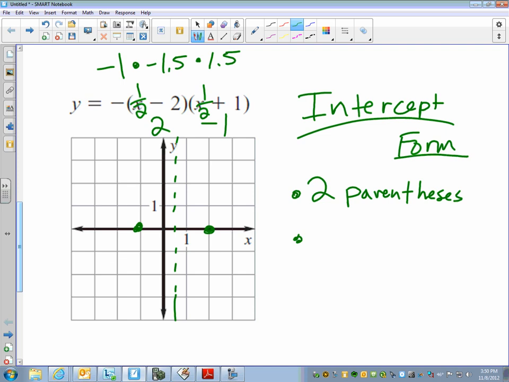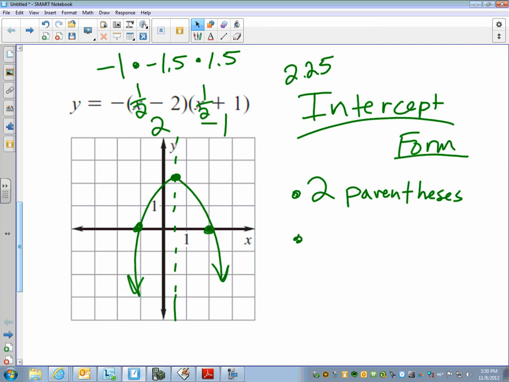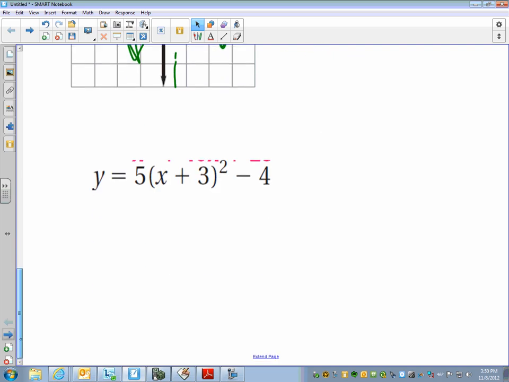You multiply all those together, you get 2.25. Right there is our vertex, so we draw in our graph. So that's graphing. I'm purposefully doing this kind of fast, just a refresher, something to watch tonight when you get ready for your quiz.